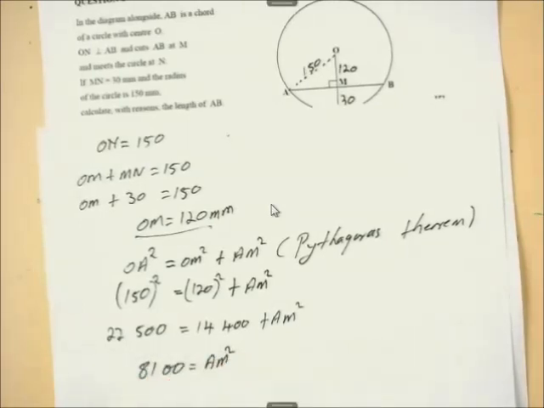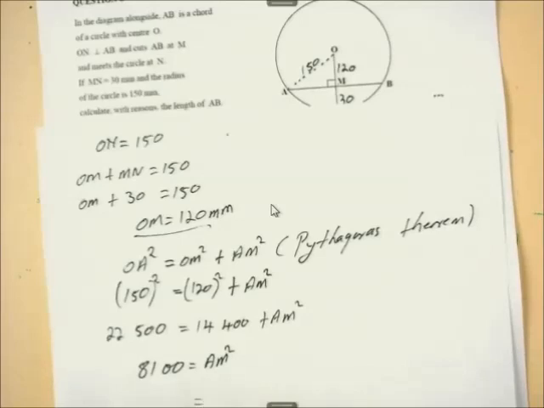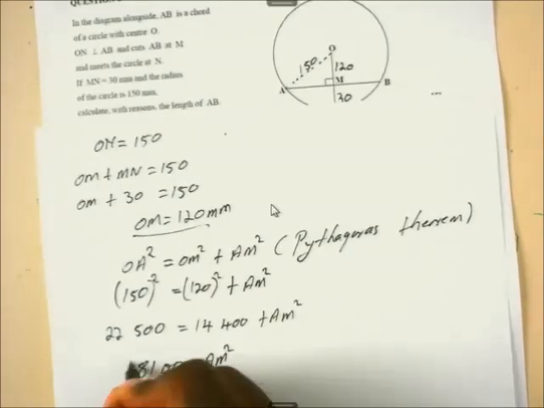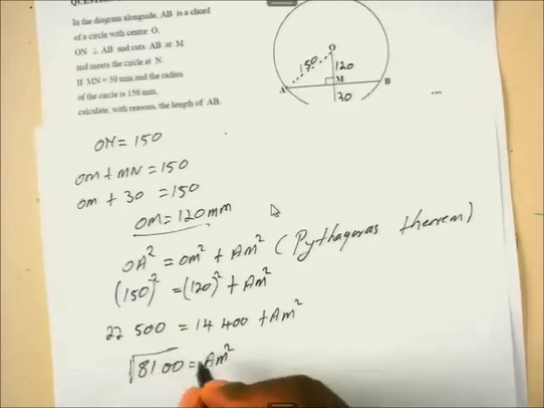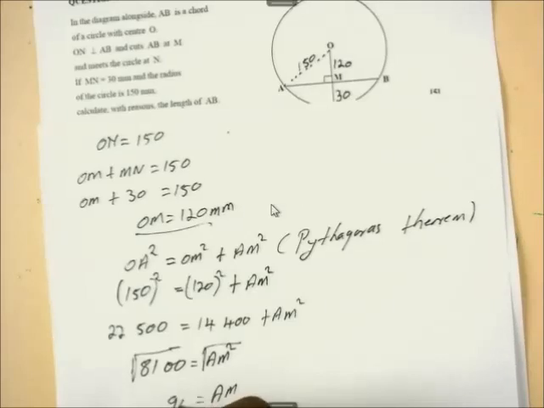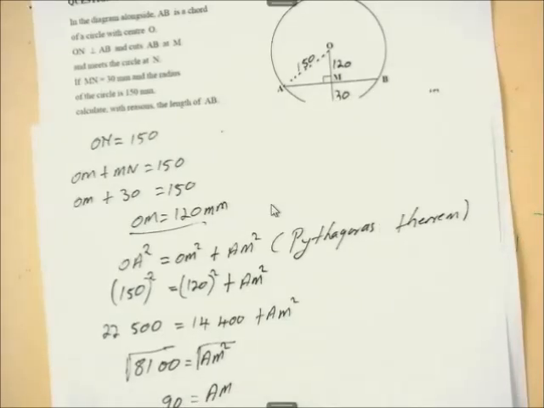Now we determine the length of AM by taking the positive square root on both sides. AM equals the square root of 8,100, which gives you 90.